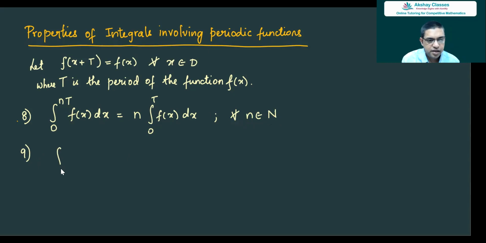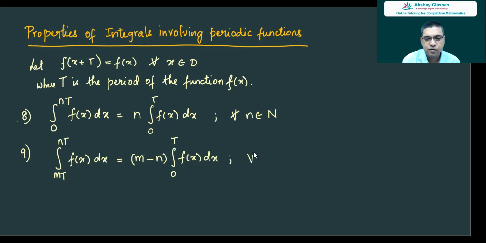Then integral mT to nT f of x dx is equal to n minus m times integral 0 to T f of x dx for all m, n belonging to natural numbers; here it can be integers.